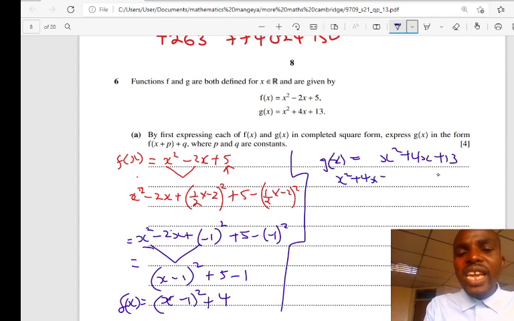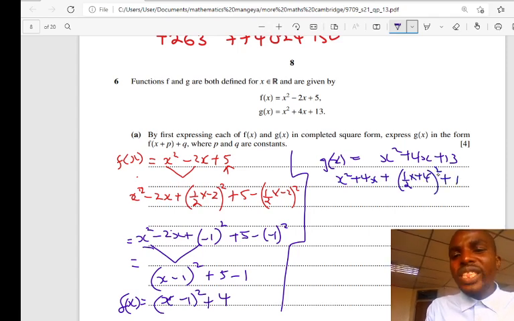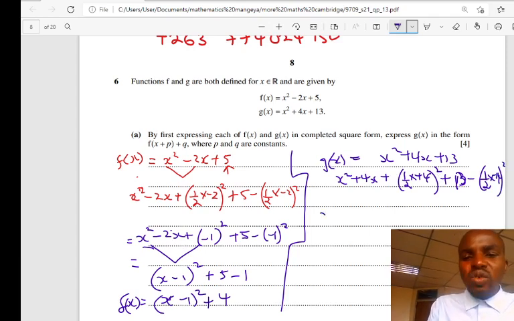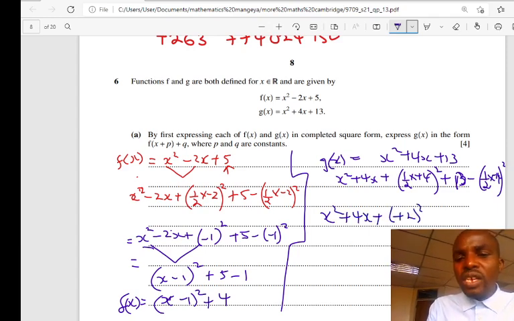To this one, I add the coefficient of x, which is plus 4, halved, then squared, then to this 13 I subtract the same. Then it will be x squared plus 4x, plus, I simplify inside the bracket, we get plus 2 here, squared, then plus 13 minus plus 2 squared.